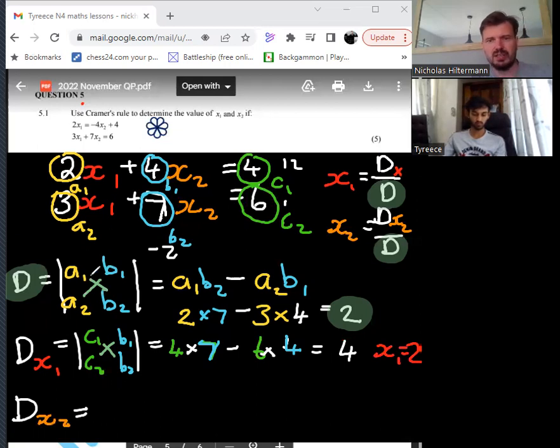So you see we've done yellow and blue, green and blue. So the next one must be, what we haven't done is yellow and green. So this will give us our x2. So x2 is going to be yellow, green.